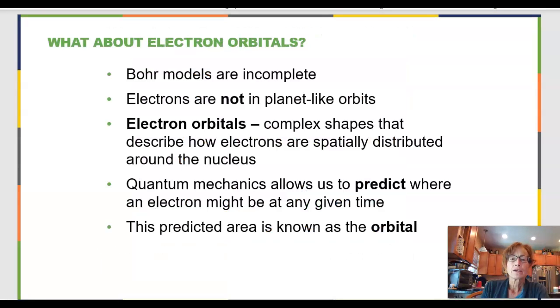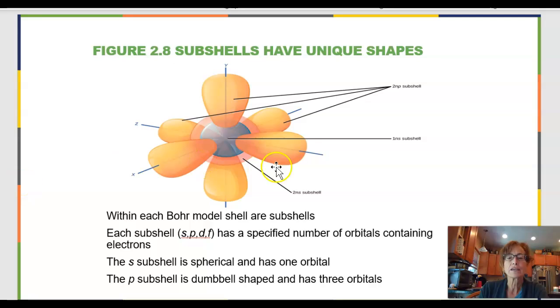So Bohr models are really helpful, but really electrons don't travel in those circles like at an amusement park. Really, they travel much more like this, and they travel in these things we look at as orbitals. So they have very particular shapes depending on where we are relative to the nucleus. You can see here this red ring is showing that that first energy level has a spherical shape like a sphere, and that's really its only option because there's only one.